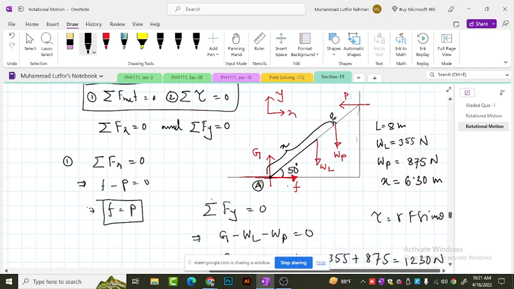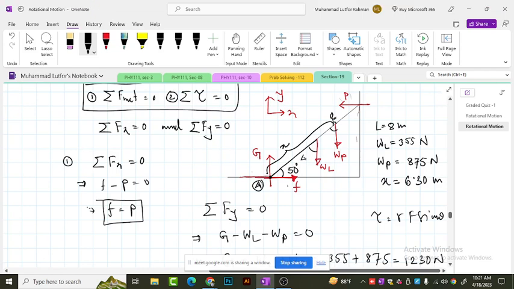Fine. But for that one, I need to find the angle of this system first. So what should be that angle? This angle and this angle would be equal, right? Yes, sir. What would be that angle? Can anyone tell me what should be that angle? 40 degree.